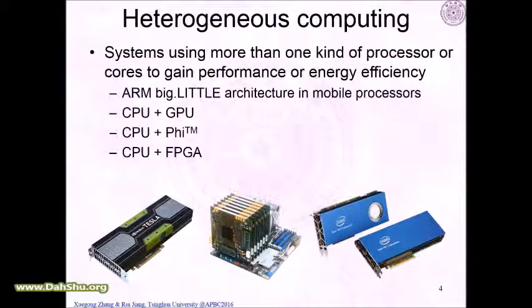And now people realize that we can use the graphics processing unit to help in the computing. The GPU was traditionally used only to display things. And the other is the FPGA, a reconfigurable computing unit.